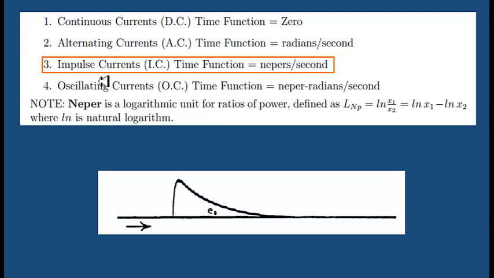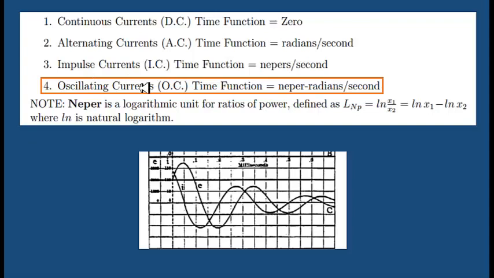And nepers, again, is a logarithmic unit for ratios of power. This is new; I hadn't heard of this before. Radians and nepers are kind of hidden units in the unit sections of equations, and generally they're not written.